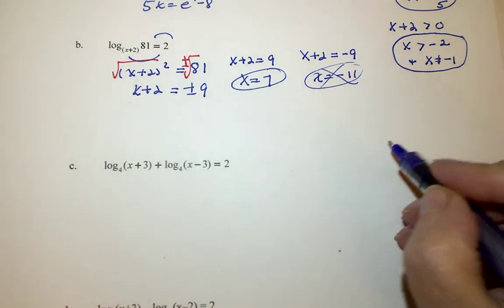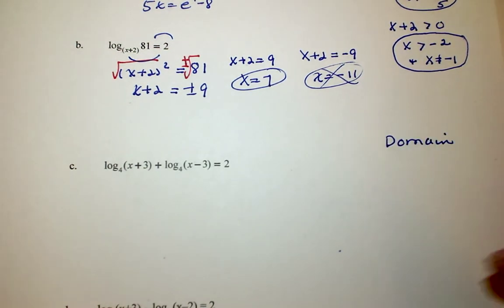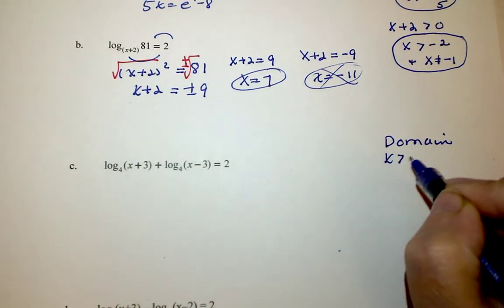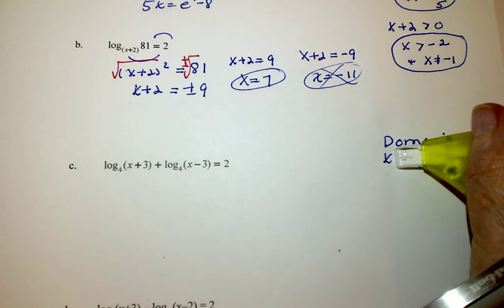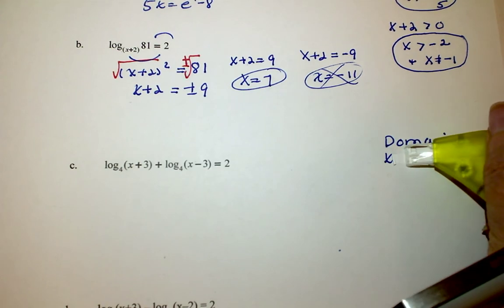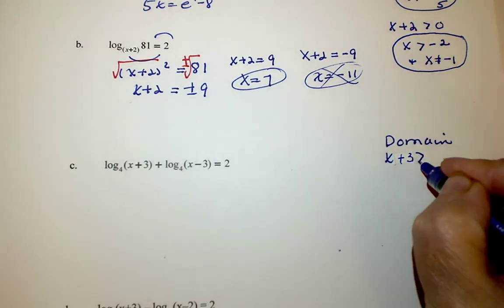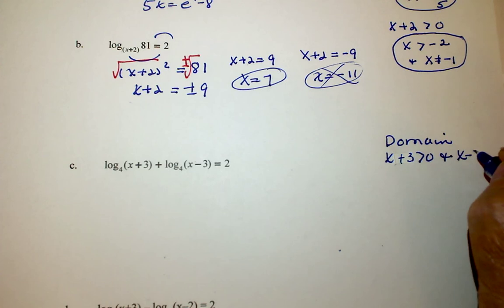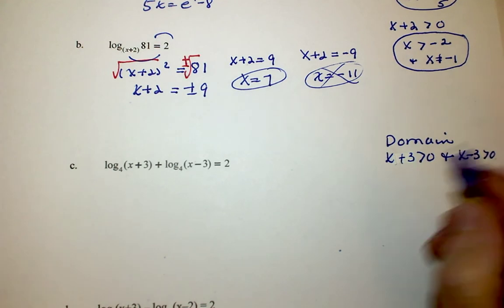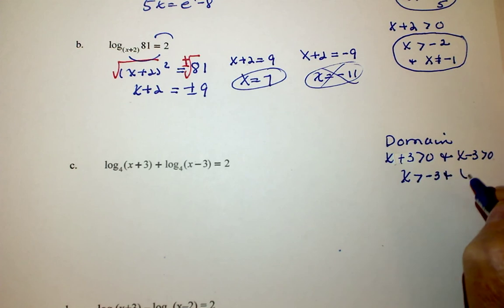Now, what's the domain? x plus 3 has to be greater than 0, and at the same time, x minus 3 has to be greater than 0. This says x has to be greater than negative 3, and at the same time x has to be greater than 3.